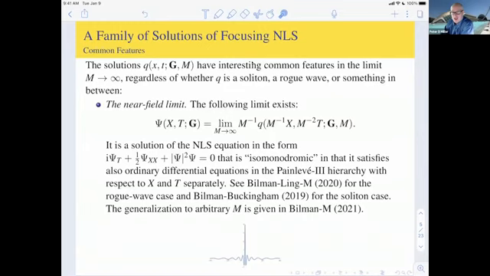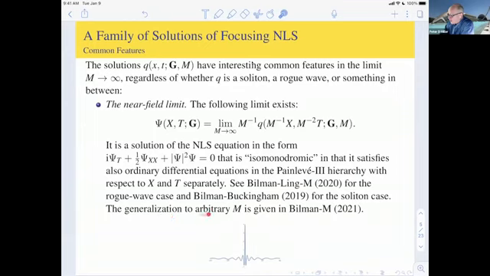It satisfies not just the PDE that you see here, but also ordinary differential equations that are Painlevé-3 related with respect to X and T separately, okay? So this is referred to in this work with Deniz and Liming Ling, for the rogue wave case. Here we looked at the limit when we're in the rogue wave sequence, but then as Deniz also pointed out in his paper with Robbie Buckingham, they looked at the soliton case, found the same result, but with a more general matrix G here.